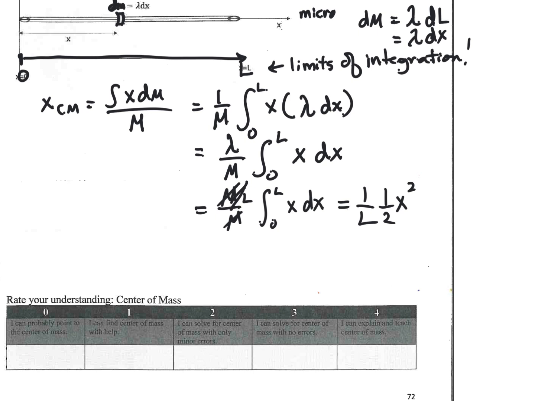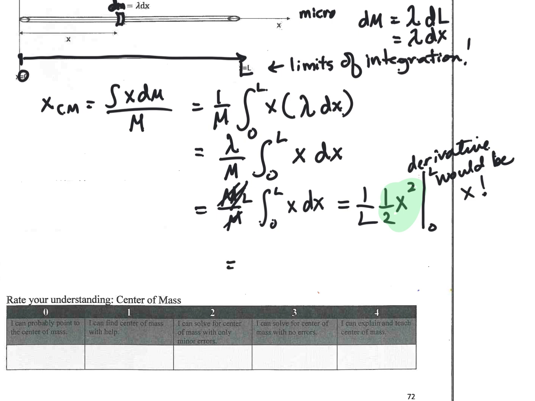If we took the derivative of this right here, it would give us back the x. And we're going to do this all the way from 0 to L.